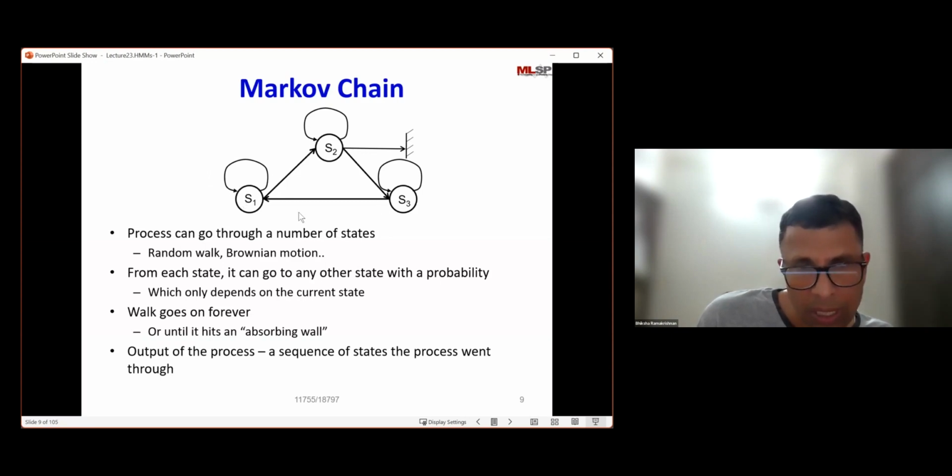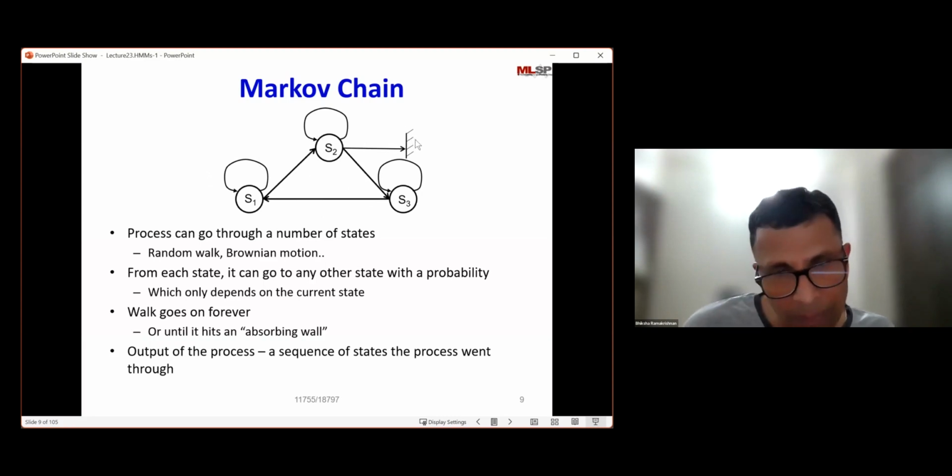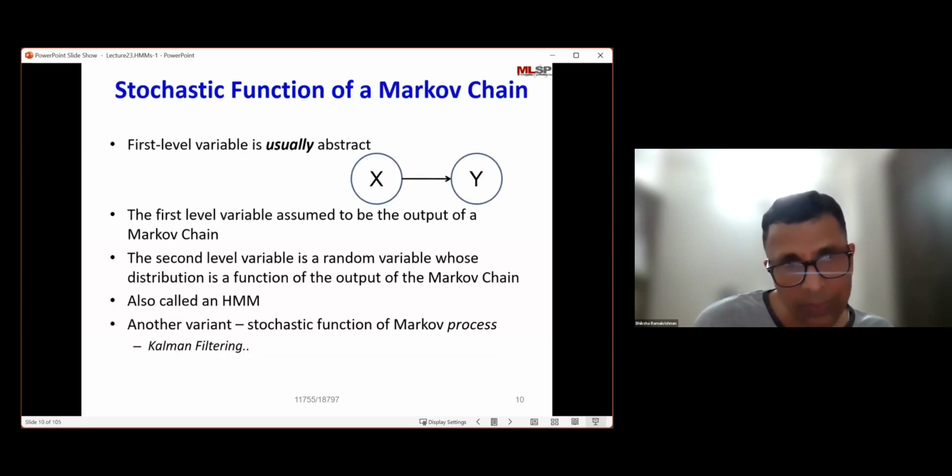And the process is going to keep continuing unless there's some stopping criterion, typically what is called an absorbing wall. An absorbing wall is a state where you can think of this like the spider which keeps walking around, but then when it hits this wall, it just sticks. It doesn't move from there. So this is a Markov chain.